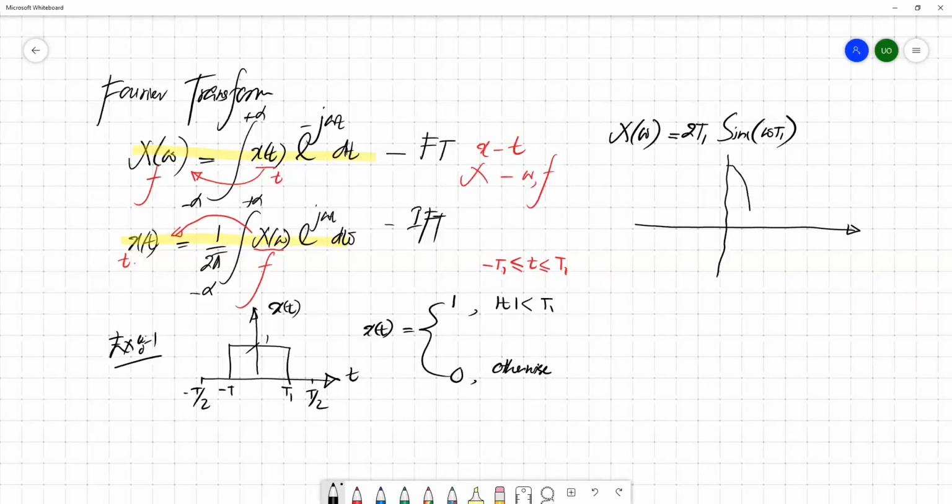This is a kind of sinc function, and the magnitude at omega equals 0 is 2t1.